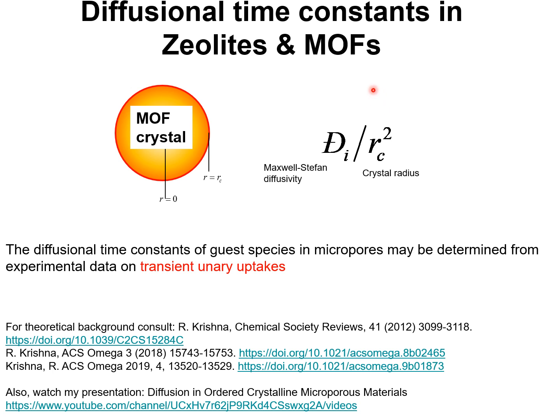The presentation today focuses on the determination of the diffusional time constant that quantifies the diffusional influences. The diffusional time constant is strictly defined as the Maxwell-Stefan diffusivity of the gas component i divided by the square of the crystallite radius of the zeolite or MOF.